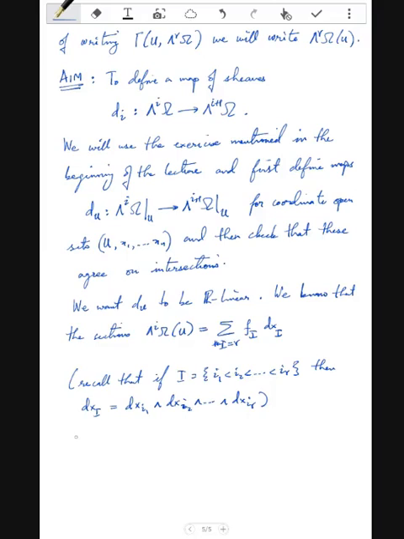So since we want du to be R linear, it suffices to define du of f sub I dx sub I and then extend linearly.